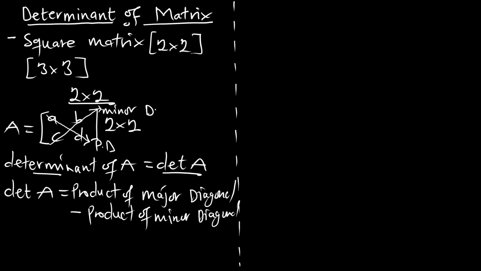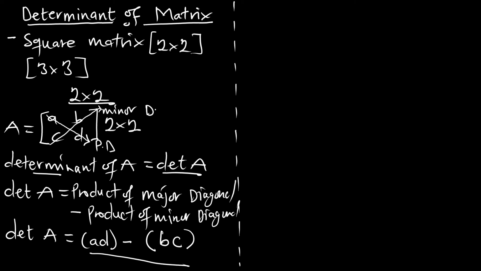So det A is the major diagonal, which is ad, minus the product of the minor diagonal, which is bc. This is the formula, and we write the determinant of A as det A.